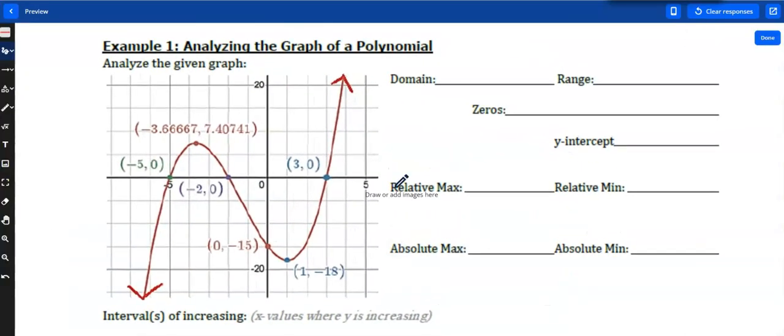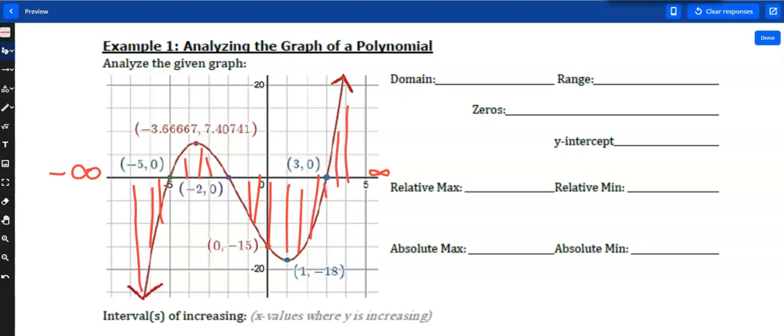Okay, the domain. Remember that negative infinity is on the left, positive infinity is on the right. If we were to smash this entire graph, all the points onto the x-axis, how much of the x-axis would be covered by something? I hope you would say a lot of it would be. In fact, I hope you would say all of it would be.